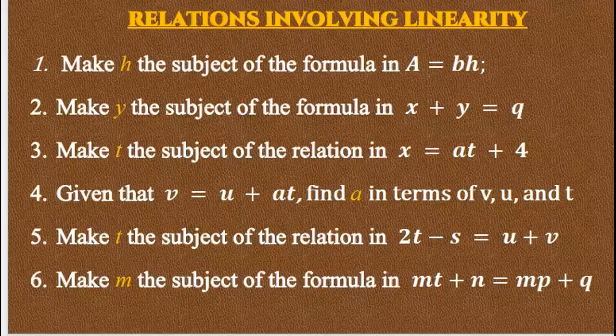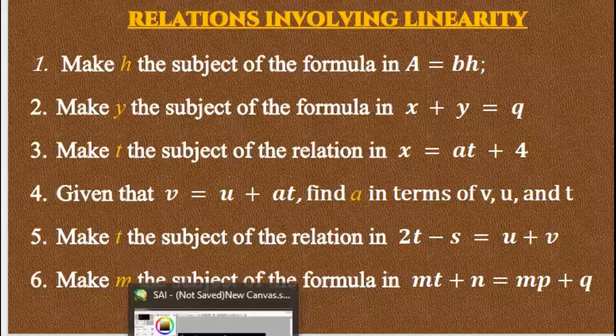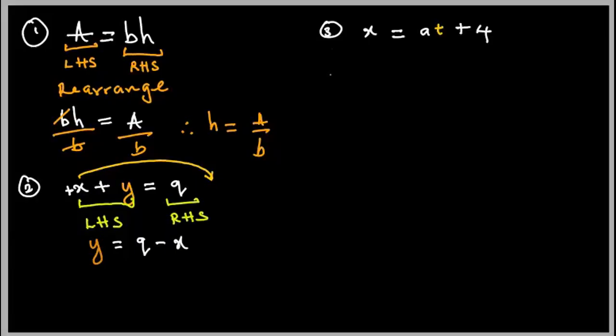Now let's see the third question. Make T the subject of the relation X equals AT plus 4. Now for this question, notice that the left hand side contains only X, and the right hand side contains AT and plus 4.